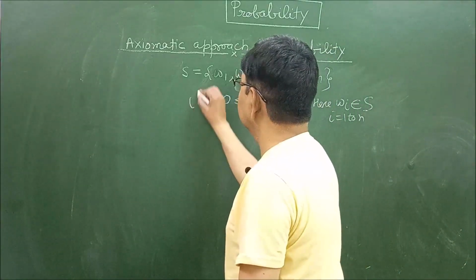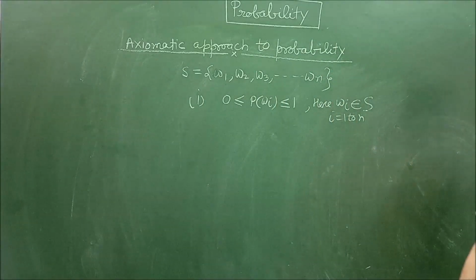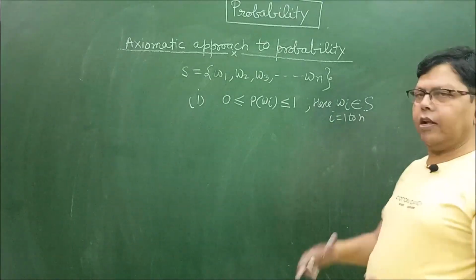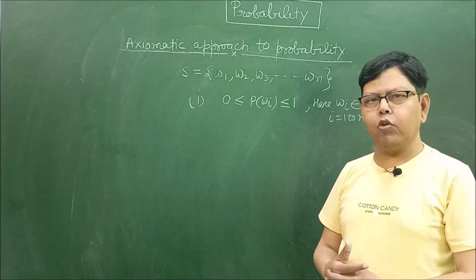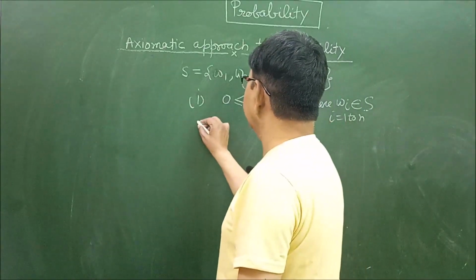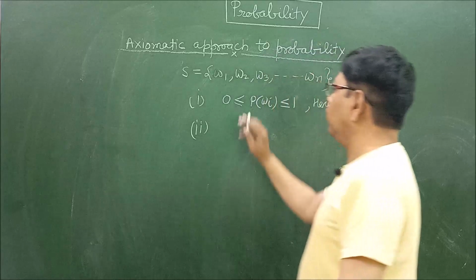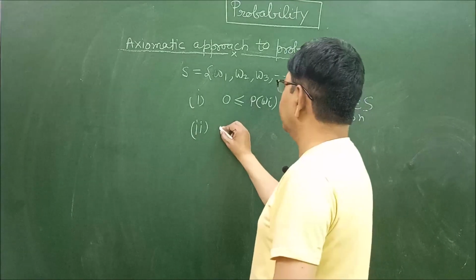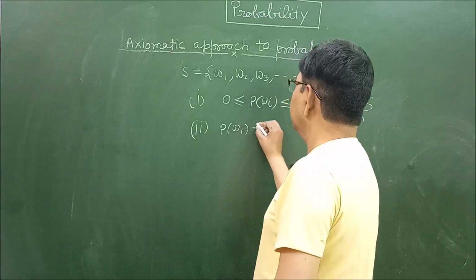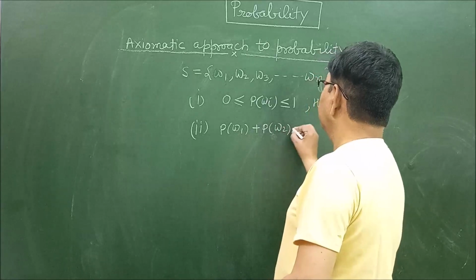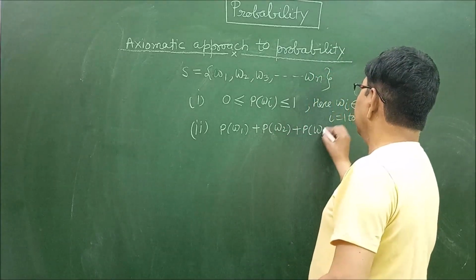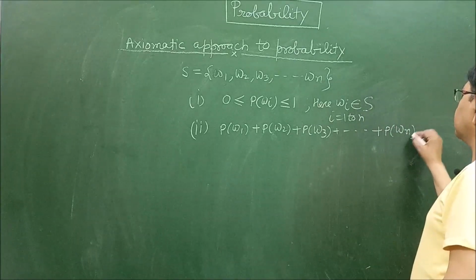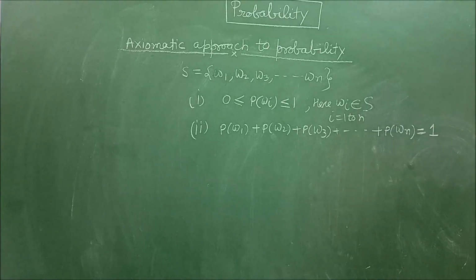First point. The probability of each elementary event lies between 0 and 1. It means it cannot be negative, and it cannot be more than 1. Second point. The sum of the probabilities of each elementary event, that is, probability of omega 1 plus probability of omega 2 plus probability of omega 3 up to probability of omega n, is equal to 1.